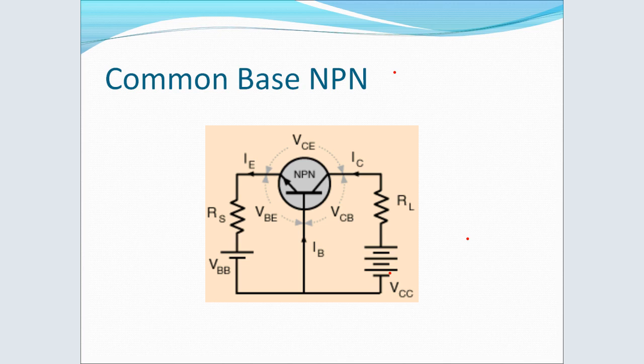Okay, so as I mentioned before, in between the terminals there are specific voltages that act or provide what we call the barrier potential. So you can see VBE, you can see VCE, and you can see VCB.